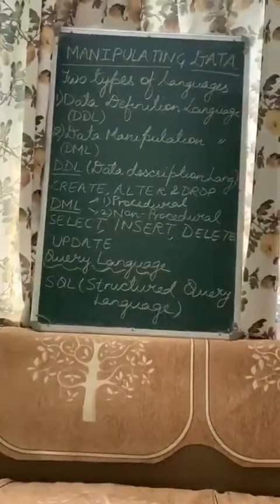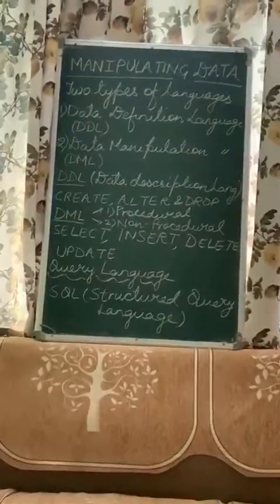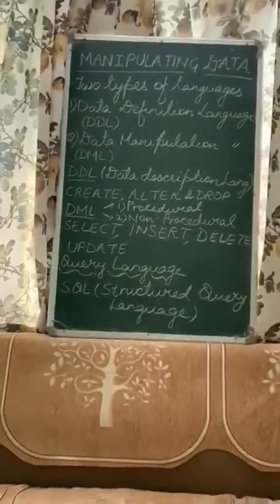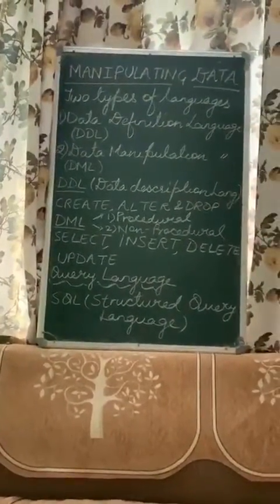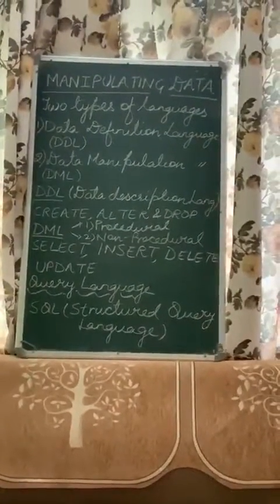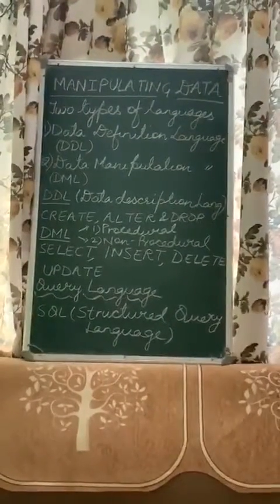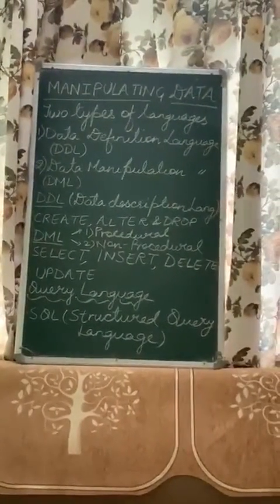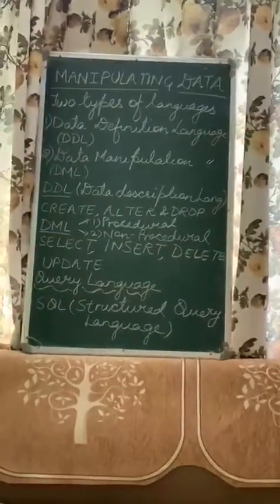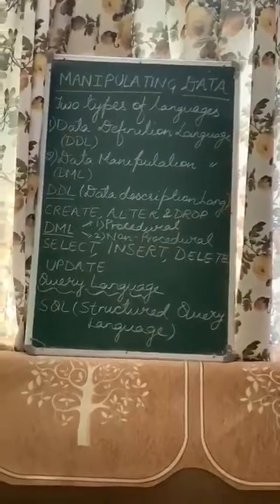Your table is made up of rows and columns, so alter will be helpful in adding a new column to the existing table. Then drop will be helpful in removing a table from the database. A single database can have many tables, and suppose you want to remove one of the tables, for that the drop command will be used.